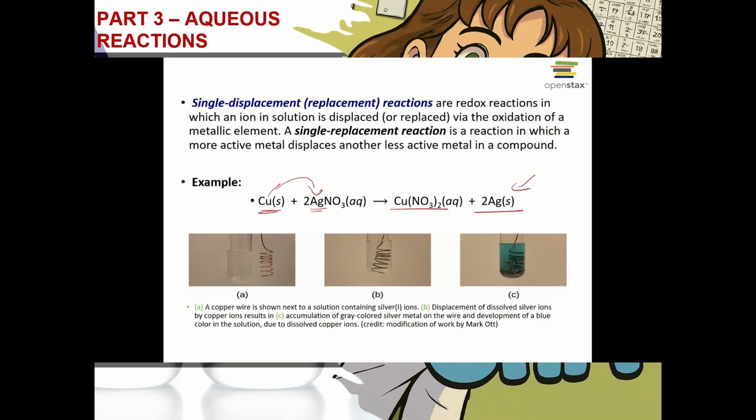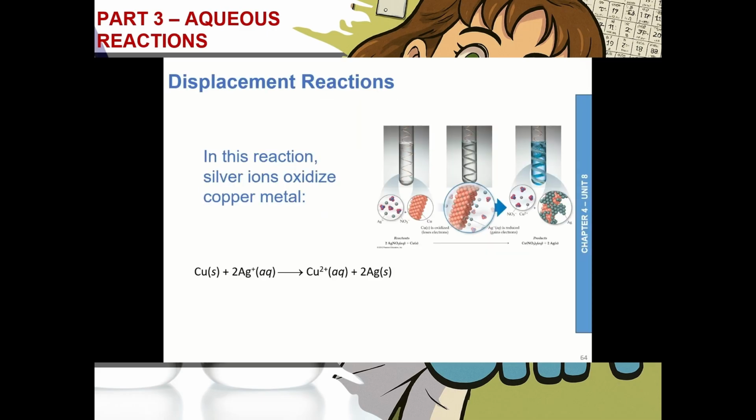So we have a single element over here and a single element on this side as well, in the reactant and product. So the more reactive metal will replace or displace the less active metal in a compound. So in this displacement reaction, for example, silver ions oxidize the copper metal.